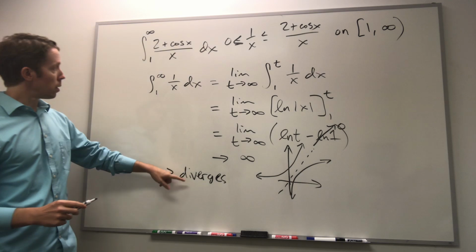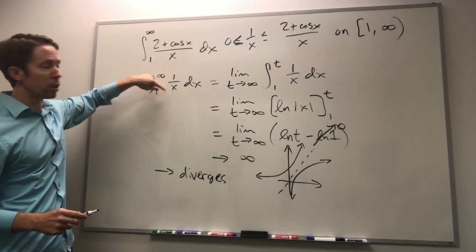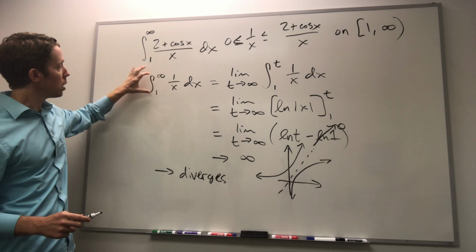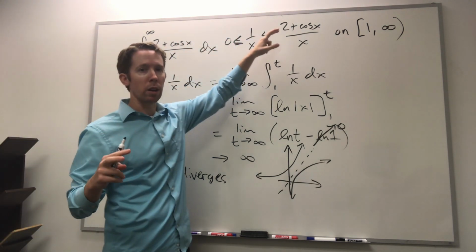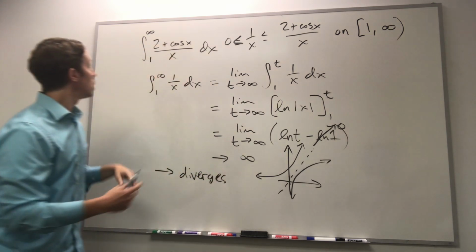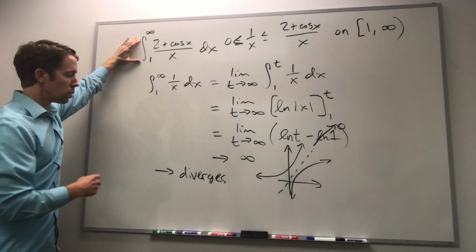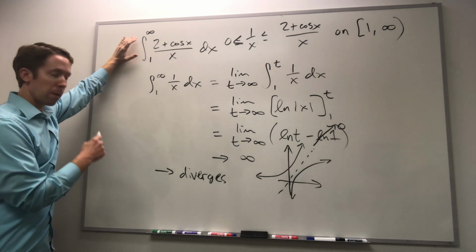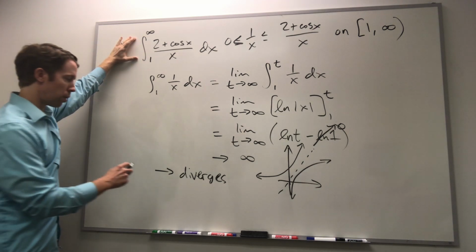And again, because our function is greater than or equal to this positive function 1 over x on this entire interval, this one has more area at every finite step of the way. So this also has to diverge. So what I would say is, by the comparison theorem, this integral also diverges.